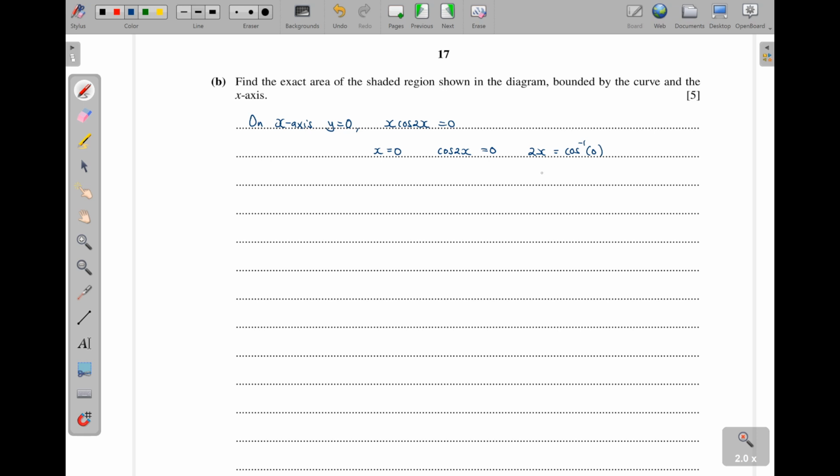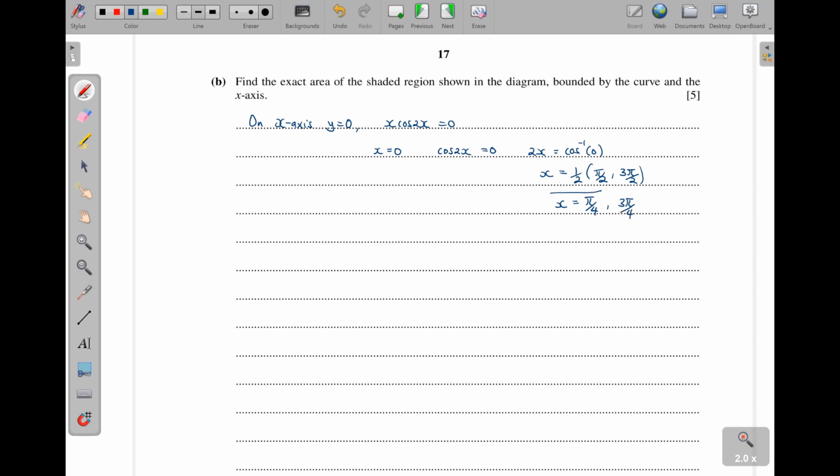And then this one actually gives us 90, which is pi over 2. And there is also 3 pi over 2. That is the 270. So meaning the x values that I can pick from here can be pi over 4 and then the 3 pi over 4.